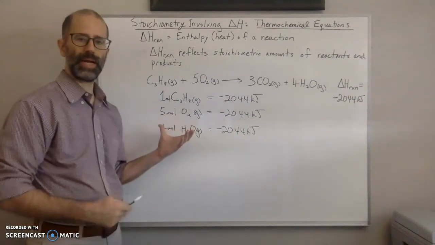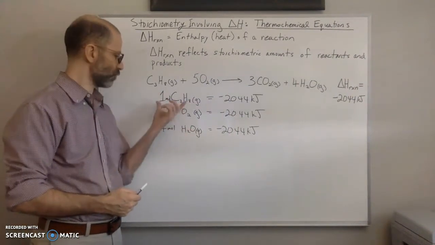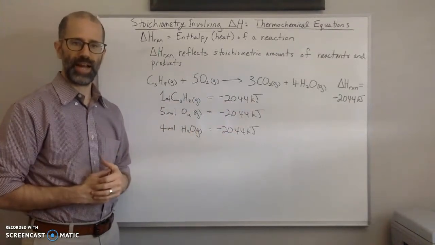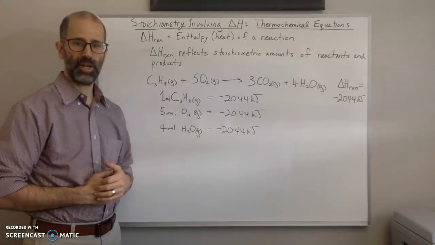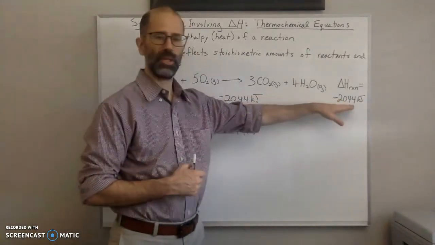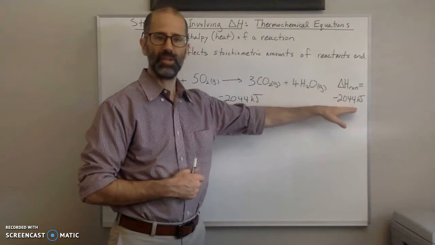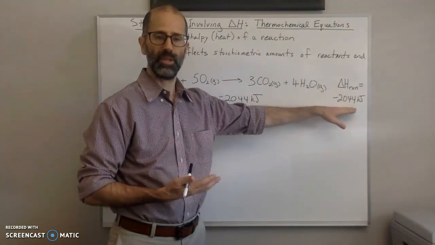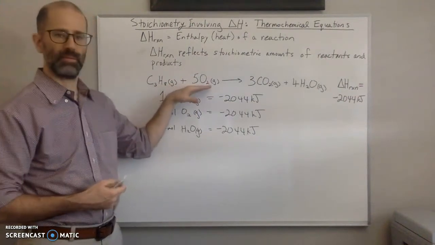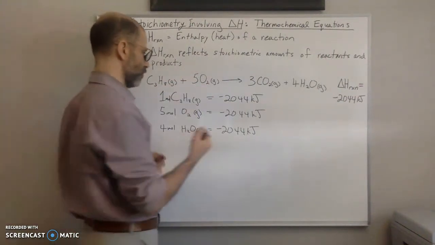So remember what I said about having equalities. If you can have 2 things that are equal to each other, you can use that as a conversion factor. I can now use the enthalpy of a reaction as a stoichiometric amount given the balanced equation, right? So now I can use this as a conversion factor.